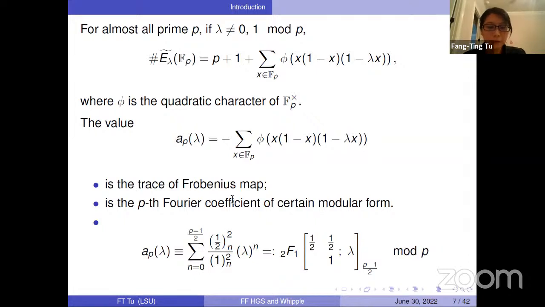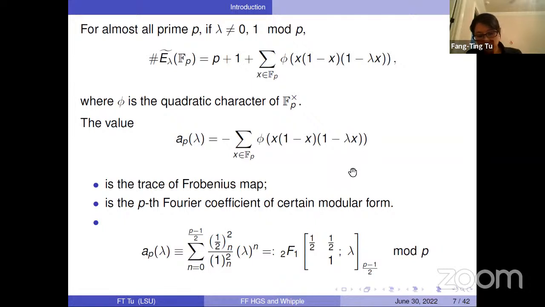And also, if we look at the p-adic version of this identity, the right-hand side is congruent to this finite sum, which is the partial sum of the original 2F1 function. So this gives us a congruence relation between the a_p value and the truncated 2F1 function, truncated at (p-1)/2.